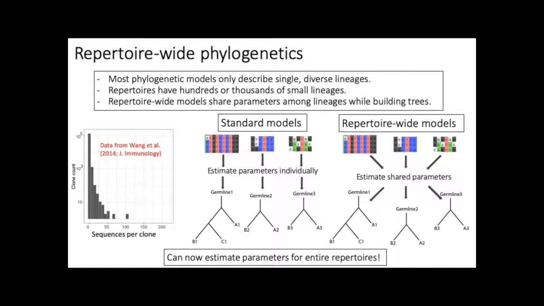Alternatively, what we do is to take all of our multiple sequence alignments for all of the lineages within a repertoire and estimate parameters of a shared model that describes evolution of the entire repertoire, and from that get our phylogenetic trees. So this gives us the ability to estimate substitution model parameters that characterize entire B-cell repertoires.